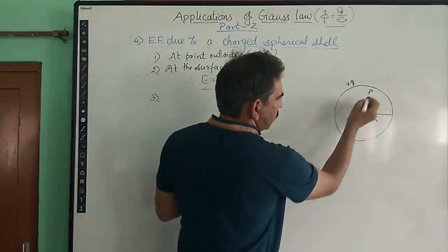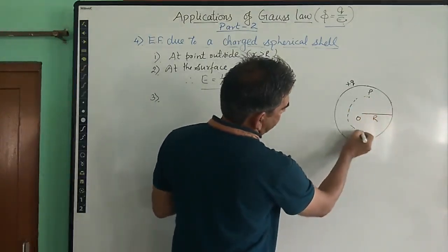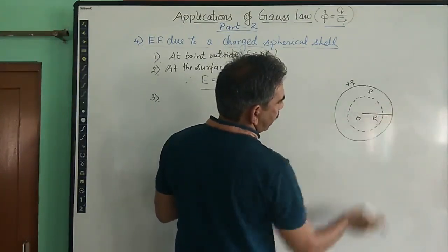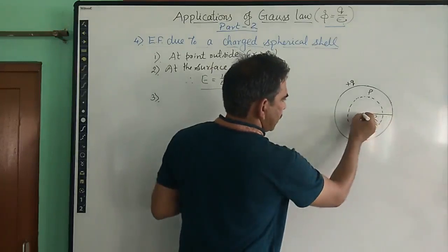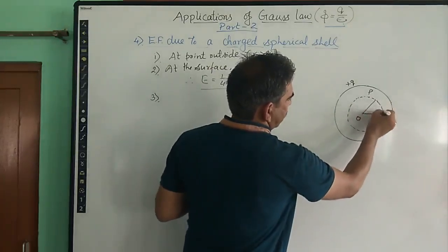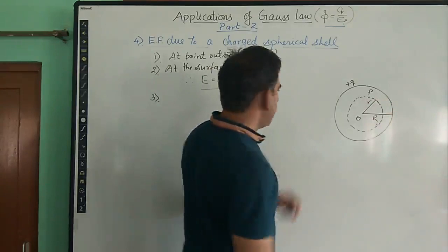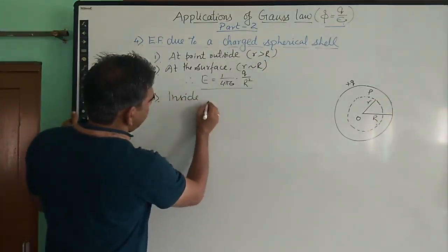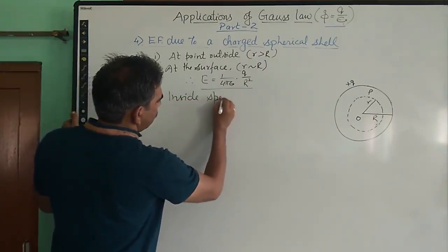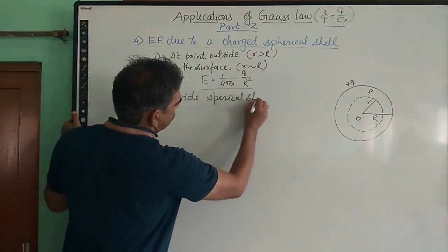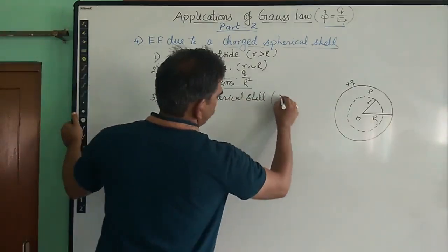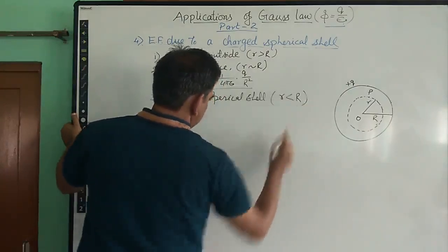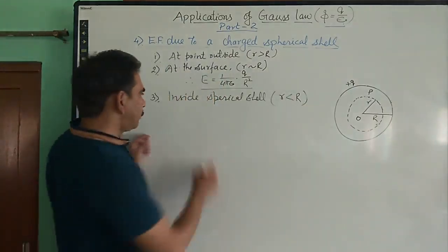So we draw a Gaussian surface and proceed in the same manner as we have done earlier. Let the radius of this Gaussian surface be represented by small r, which is now less than the radius of the spherical shell.